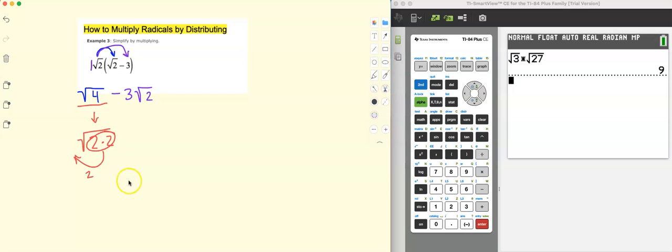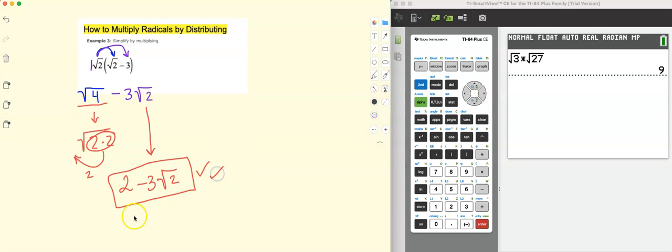So therefore the square root of 4 is just 2. So now I tag this along, which is -3 times the square root of 2. Now, this is it. I can't do anything else. They're both simplified, and I'm just finished. So this would be what my final answer will look like. If I were to put this in my calculator, it would probably be some type of decimal number.